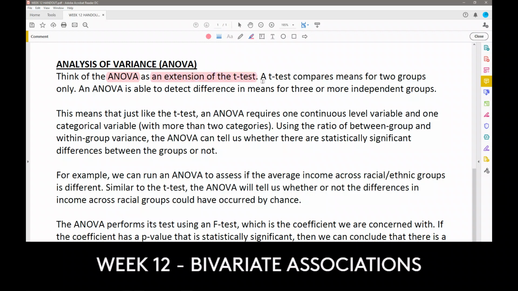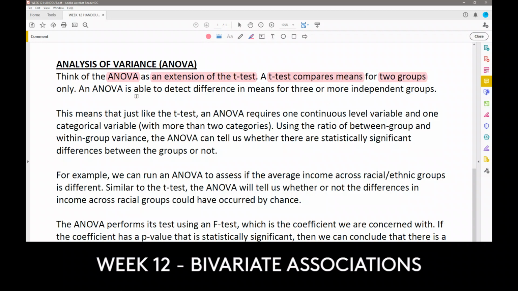Remember that the t-test is comparing an average, but it's only comparing an average for two groups. That's all a t-test allows you to do. A t-test allows you to look at an average of whatever variable by two different groups, and that's it, meaning you can only use a binary variable or a dichotomous variable in a t-test.